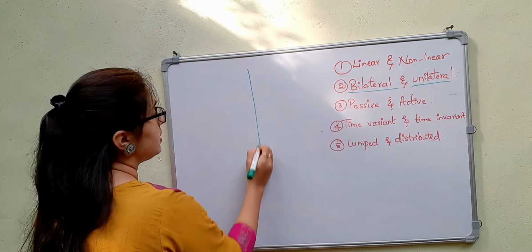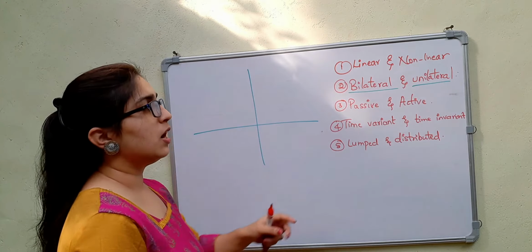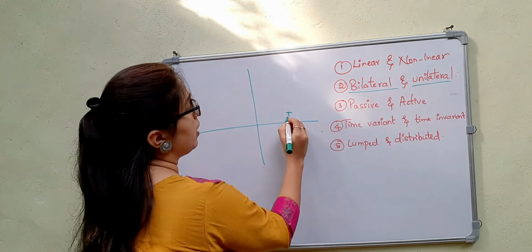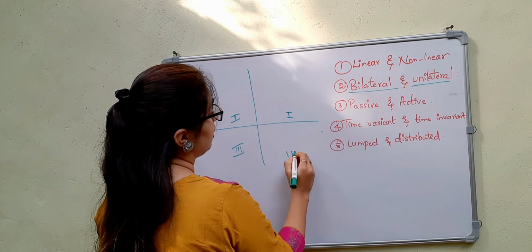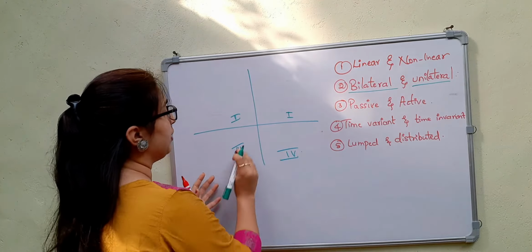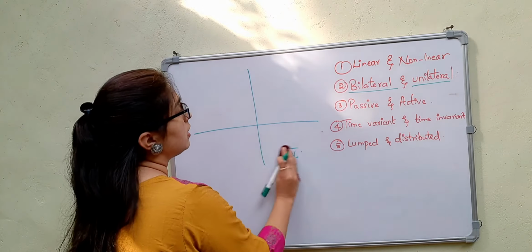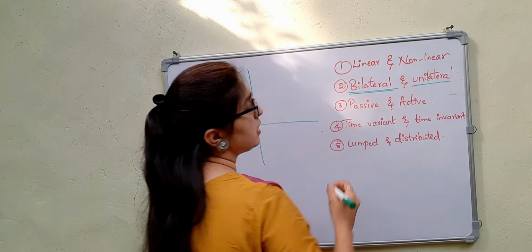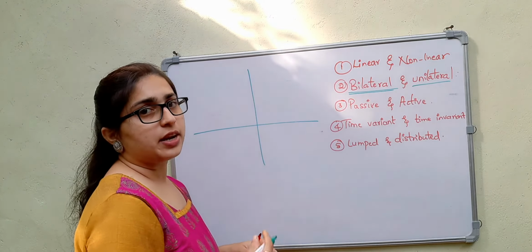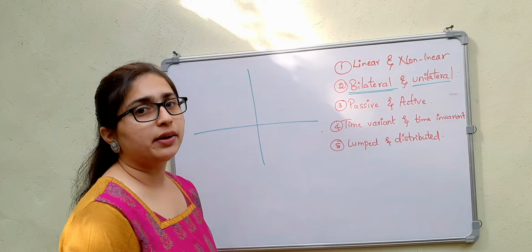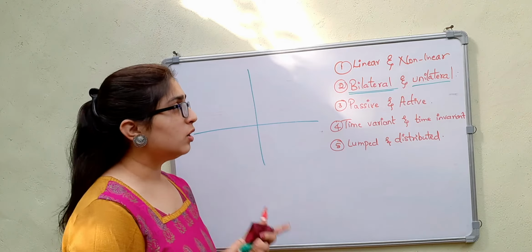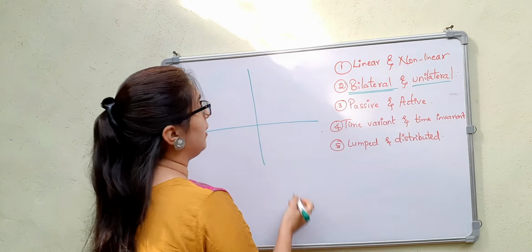So here consider the characteristics now. If this is the first quadrant, this is the second quadrant, third quadrant and the fourth quadrant. This bilateral element's characteristic should be symmetric to the origin. If it is not symmetric, then obviously it is not bilateral, it is unilateral.